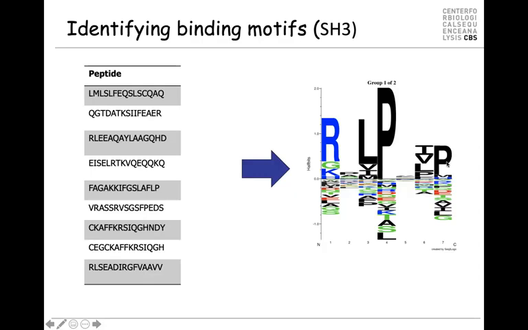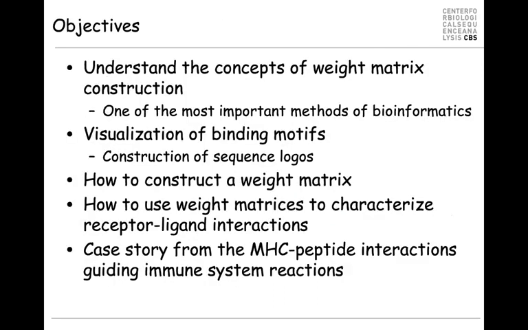Then you have a quick overview. And once you have the overview, you can almost by eye scan through other protein sequences and see if they have that given motif, and thereby whether those other protein sequences, or segments from protein sequences, can execute the function you have been investigating. So how do you come from the peptides on the left to the binding motif on the right? This is the main topic of today.